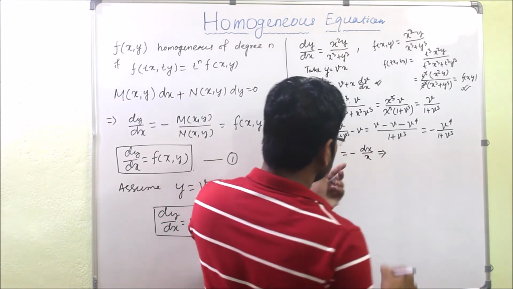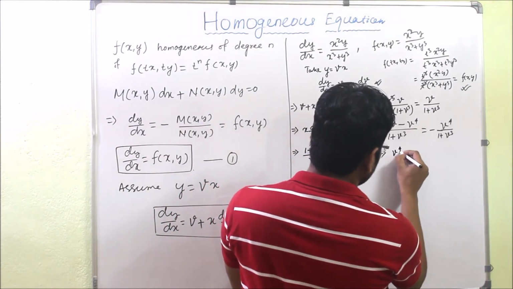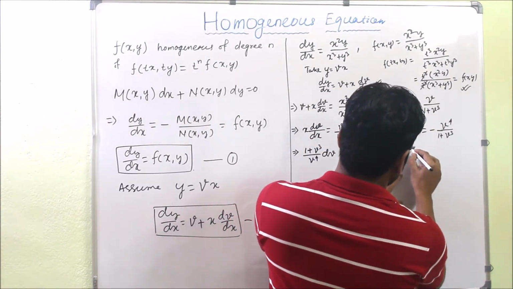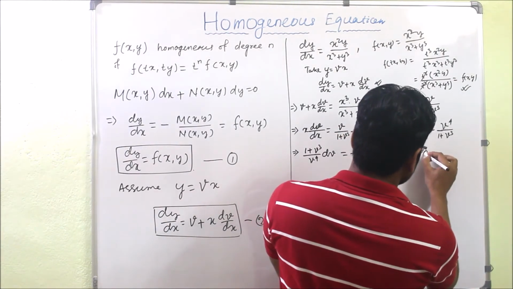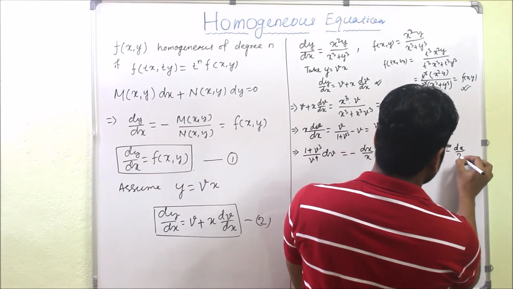Again, this equation I can write as v to the power minus 4 plus 1 by v dv equal to minus dx by x.